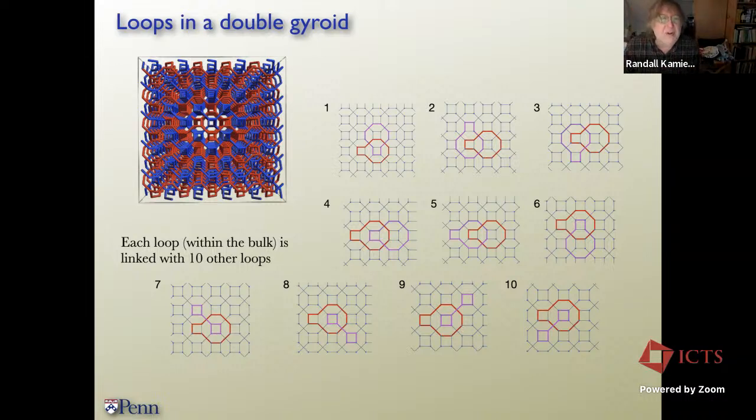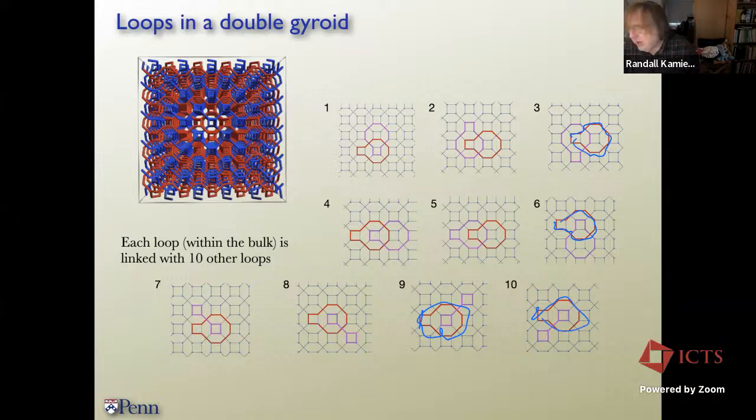Here are the 10 different ways, or the 10 different loops of one network that go through the same red path of 10. Right, so the red, she calls it a bottle, right? The red bottle shape has 10 of the other network loops piercing through it.